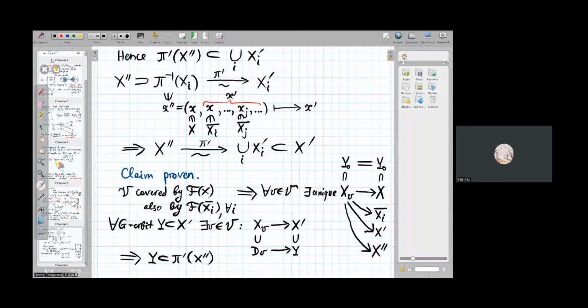But what did we prove? We proved that any orbit in x prime is actually contained in the image of x double prime. This means that the image of x double prime just coincides with x prime. So we deduce, let me shift it one line below.